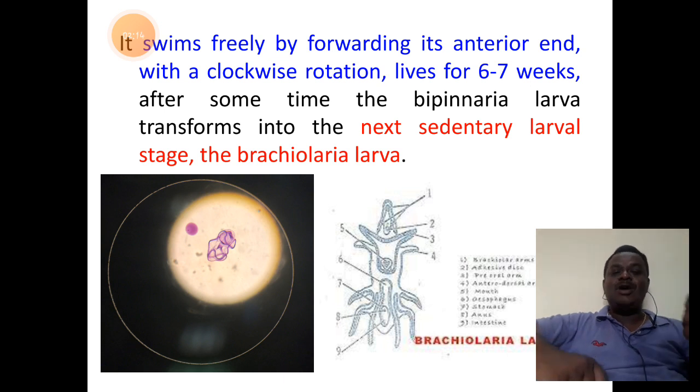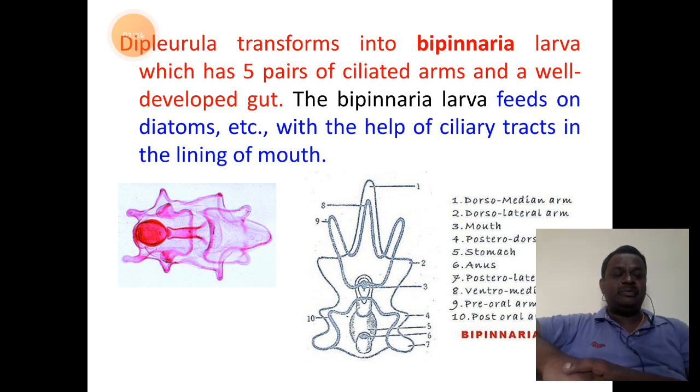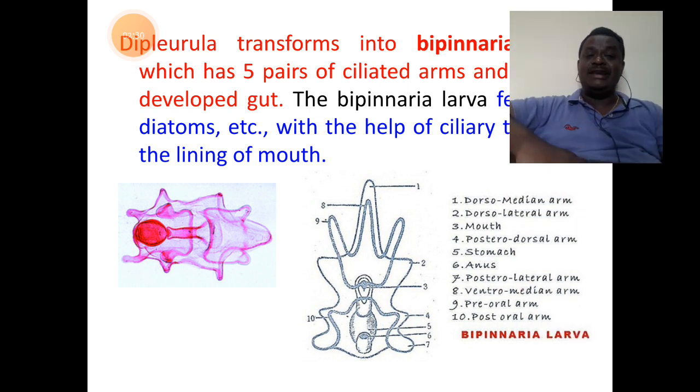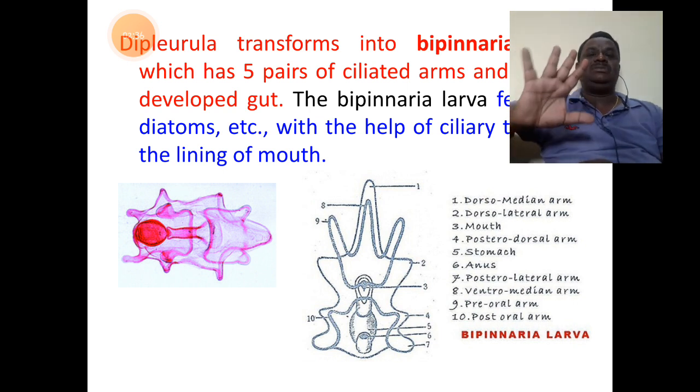The second important feature is that the body of the Dipleurula is forced to form structures on the surface of the body called the arms. We have seen that two unpaired arms are formed in the Bipinnaria larval stage, namely dorsomedian and ventromedian arms. They are the two unpaired arms. Whereas paired arms are 5 types.